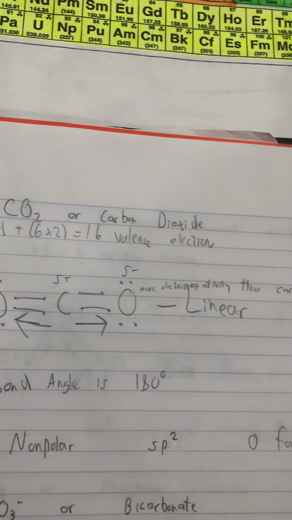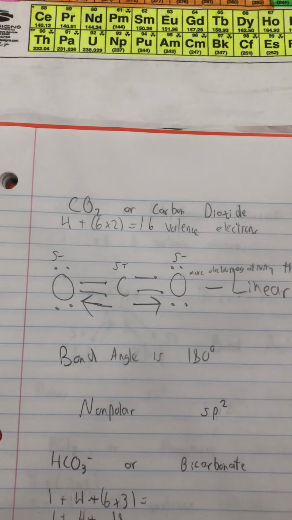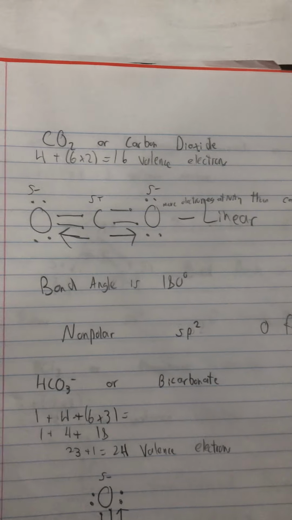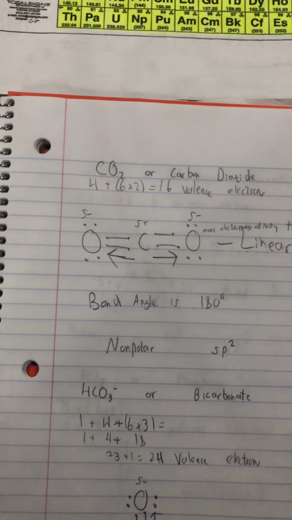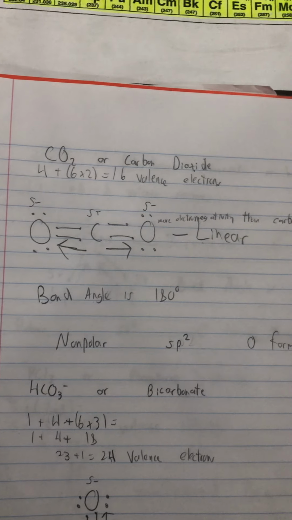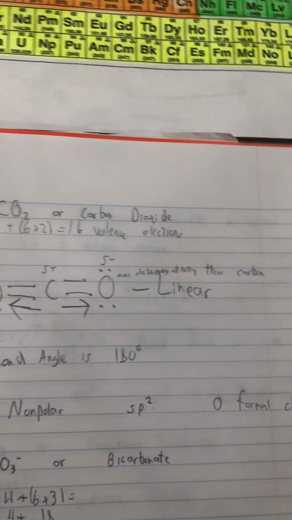The shape is linear, and the bond angle is 180 degrees. It is also non-polar. The hybridization is sp2, and it has a 0 formal charge.